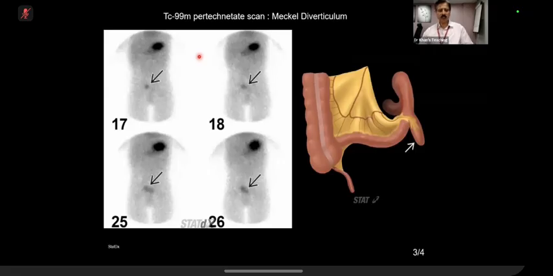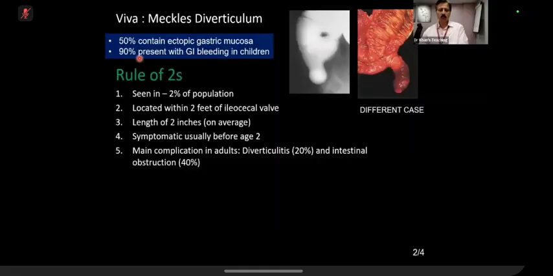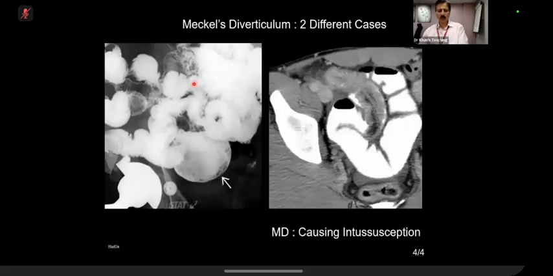Technetium-99 pertechnetate scan is done, and it will only be positive if gastric mucosa is there. Otherwise, it will not be positive. And how much? 50% has got ectopic gastric mucosa, but in symptomatic children, usually 90% of them will have it. Meckel's diverticulum on a barium study, Meckel's diverticulum causing an intussusception.